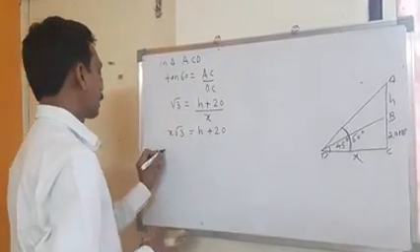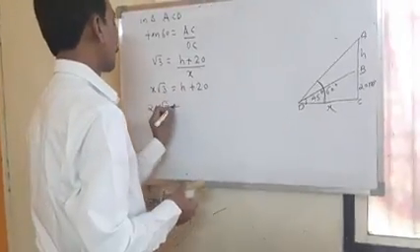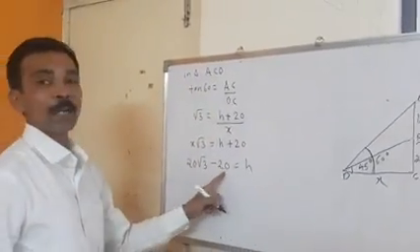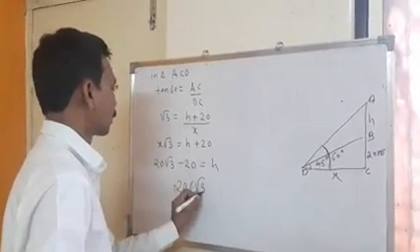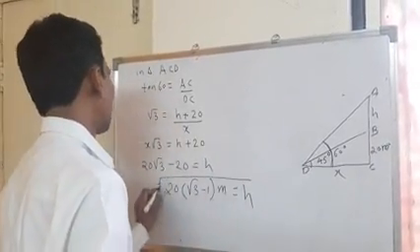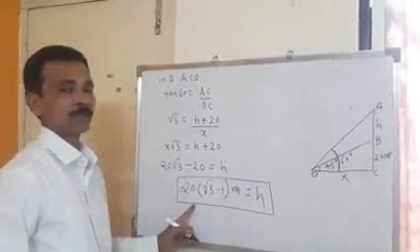We have found here 20. So it becomes 20 root 3. This 20 comes on this side, becomes minus. Now see, what is common? 20. In bracket, root 3 minus 1 meter is equal to height. So this is the height of the transmission tower. Clear?